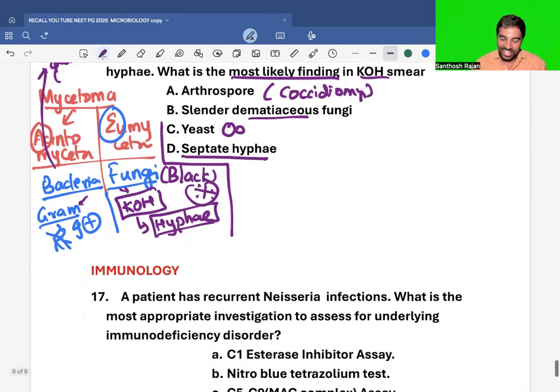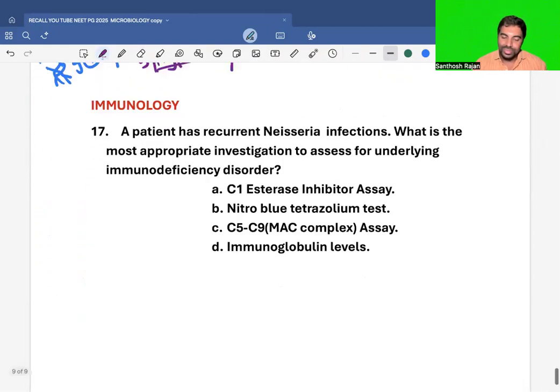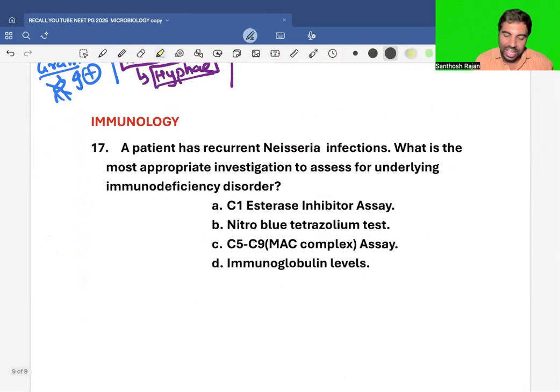Very good. Next, immunology. In immunology, the patient has recurrent Neisseria infection. This is another examiner's favorite. I think 6, 7 times, even more, it has been asked in FMGE, NEET-PG and INI-CET.